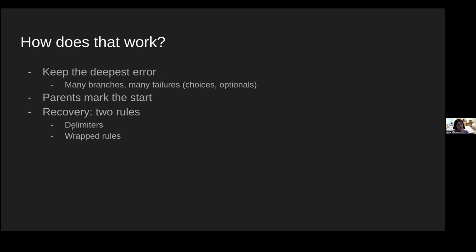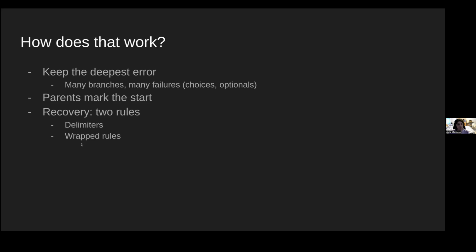One of those is if you are parsing a delimited list: if any element fails to parse, it will recover to the next delimiter. So if it fails to parse an element for a JSON list, it'll recover to a comma.